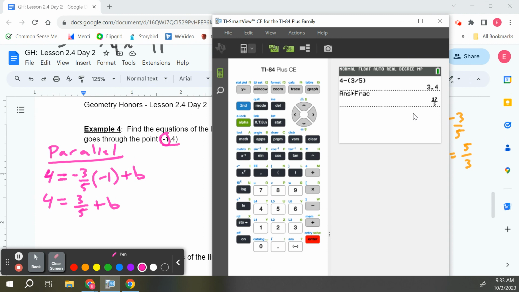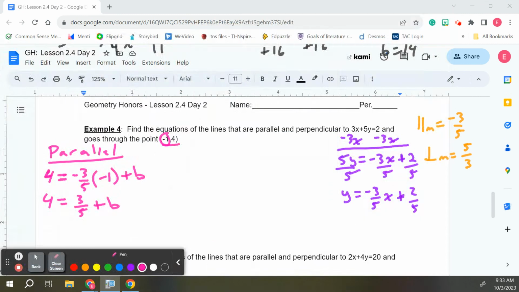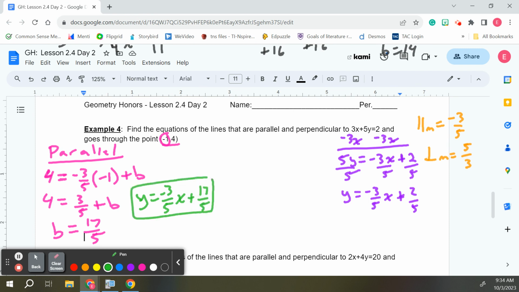So this is telling me in this case that b is 17 over 5. So that means my equation ends up being y equals negative 3 over 5 x plus 17 over 5. So there's that.